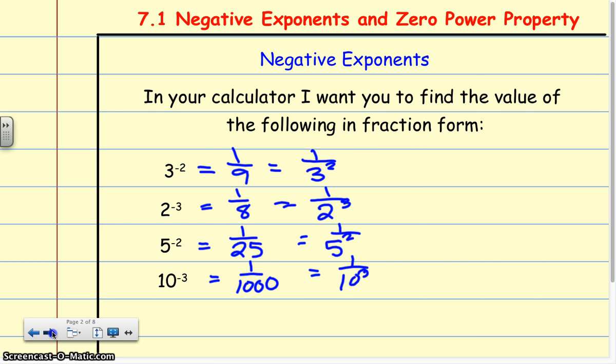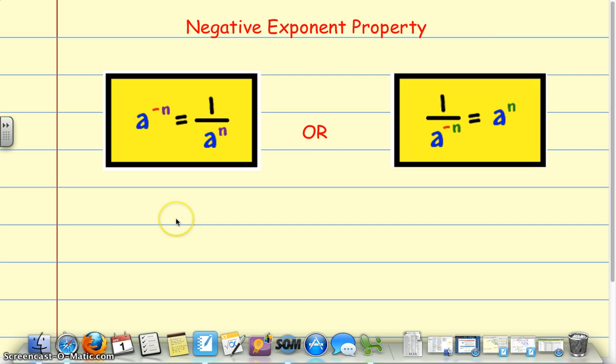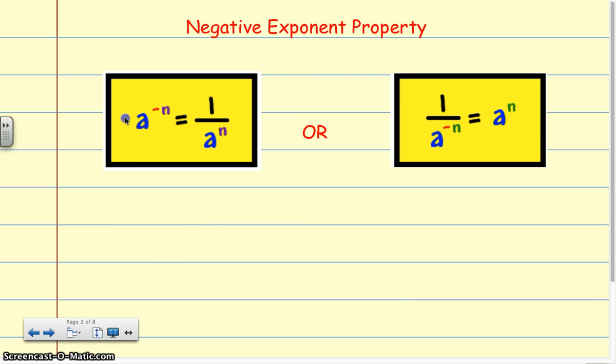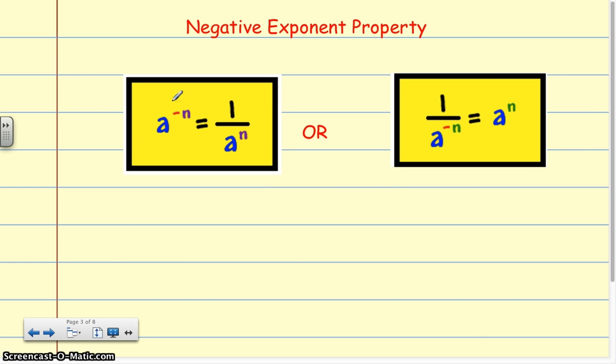Anytime you're given a negative exponent, we have a property. Write this in your notes. The negative exponent property says that if you are given a power, meaning you have the base and the negative exponent, you can rewrite it.